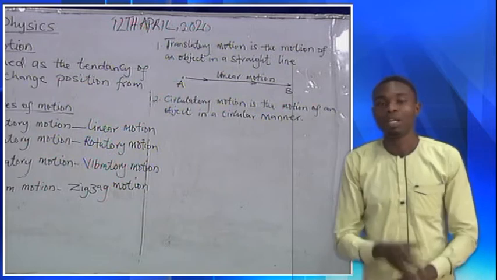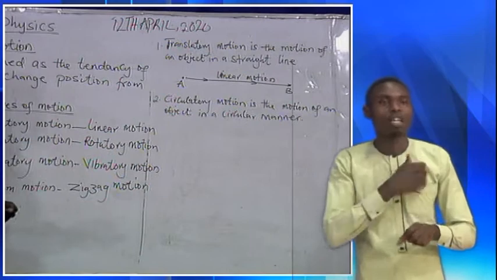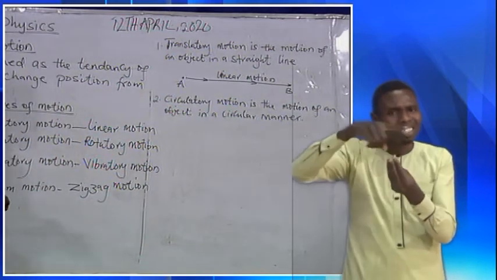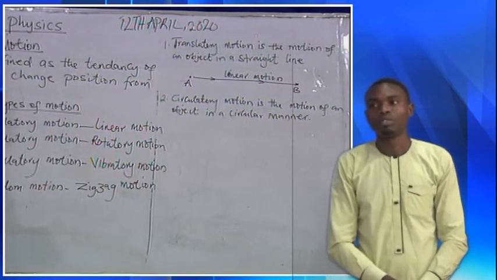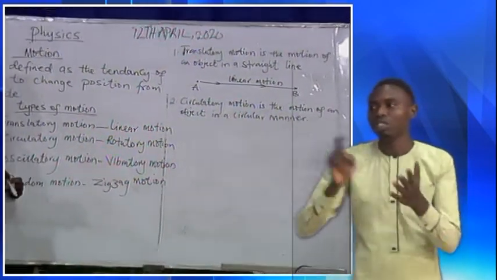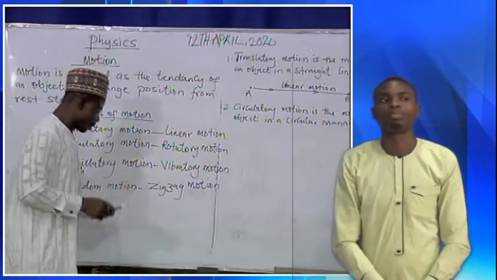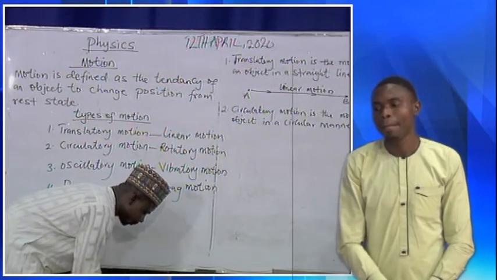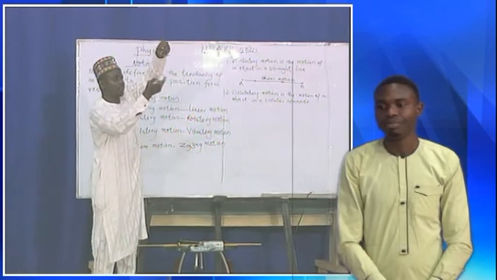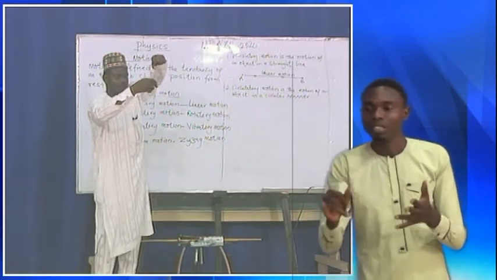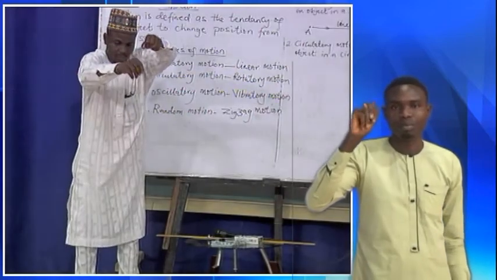If you climb your bicycle and you are going round a roundabout, you are doing a kind of circulatory motion. Circulatory what? Circulatory motion. So let me give you another example. This is what we call a pendulum.